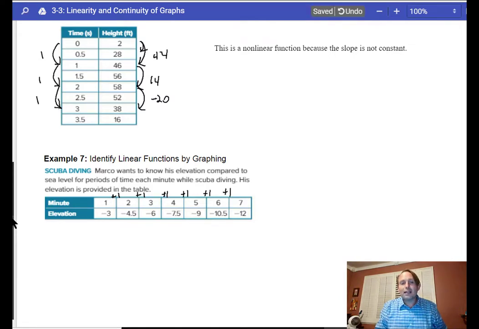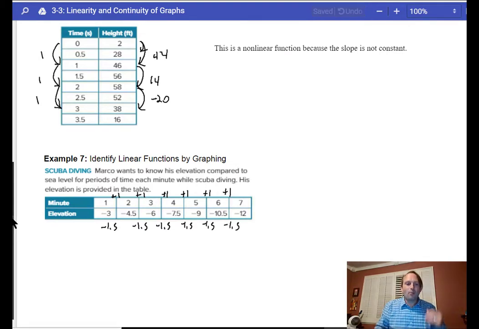This will be a linear function if it has a constant rate of change. It looks like it decreases by 1.5, and it decreases by 1.5, and it decreases by 1.5, and it decreases by 1.5 each time.